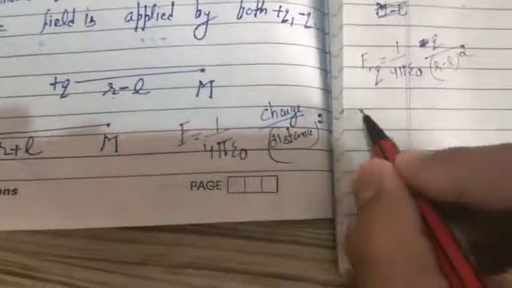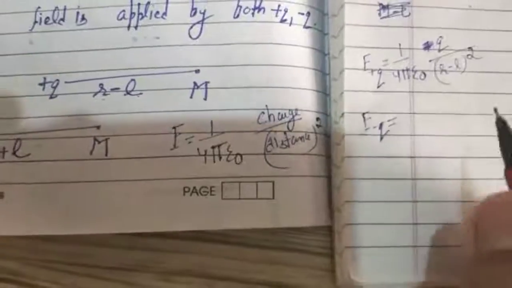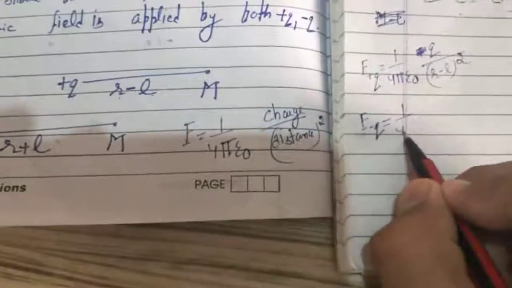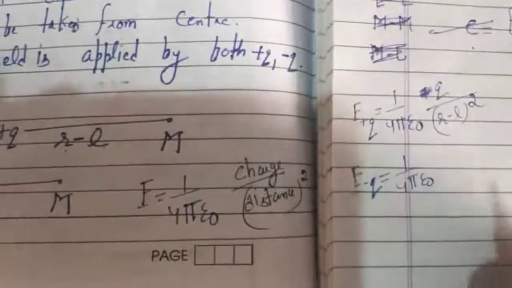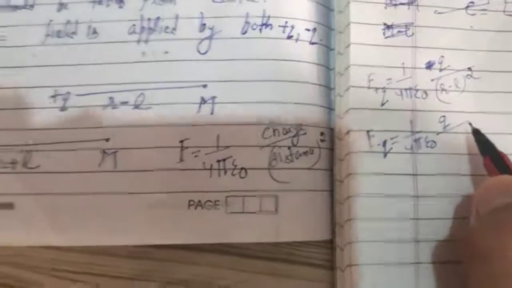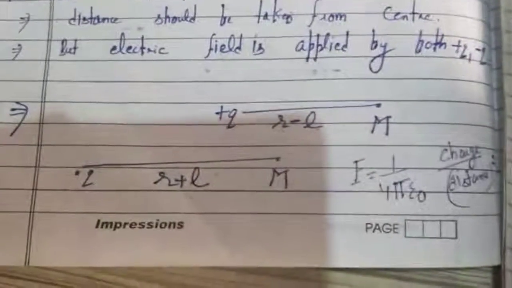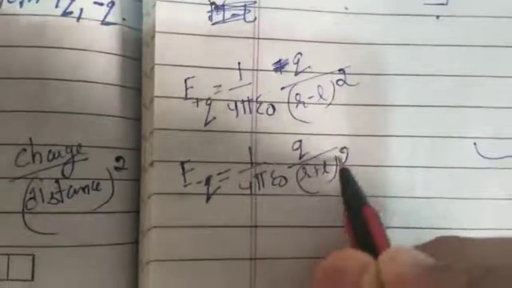The electric field due to minus Q is 1 upon 4 pi epsilon naught, the charge magnitude Q, and the distance of M from minus Q is R plus L, so R plus L whole square.